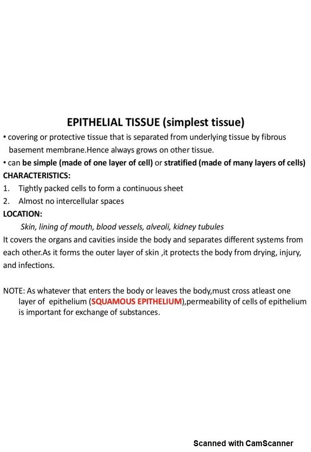Now, the classification of epithelial tissue. If the epithelial tissue is made up of a single layer, we have squamous, cuboidal, columnar. And if the epithelial tissue is made up of many layers, that is called a stratified squamous epithelial tissue.